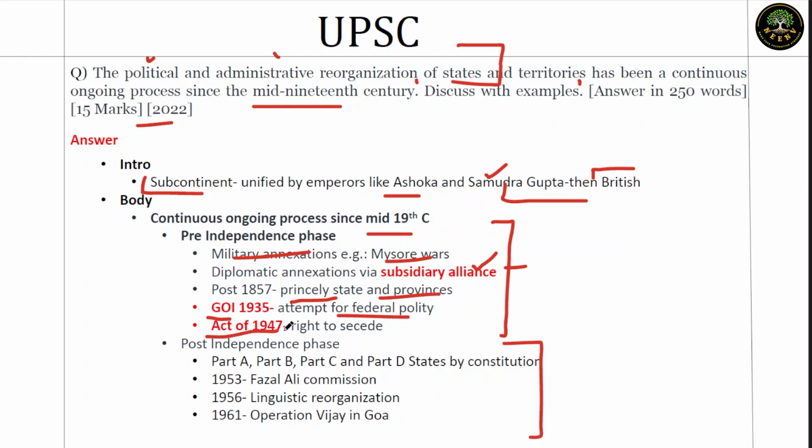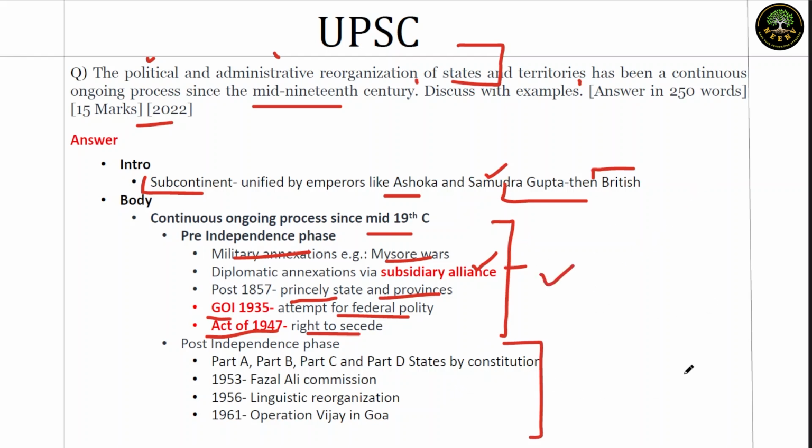Now the Act of 1947 gave the right of secession to princely states from India. Either they could join India, or join Pakistan, or remain independent. So we had to go for the annexation process by the Indian Union. Various operations happened as a part of that, like Operation Polo and processes like that. So from the mid 1850s to the time of independence, this part addresses the question.